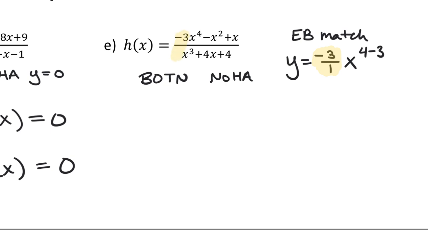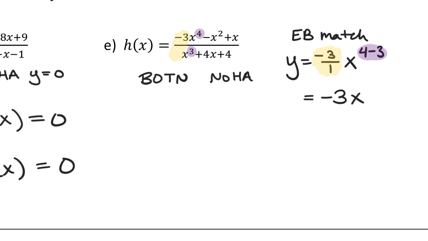The leading coefficient. You see how that's -3 and 1? Where did I get the 4 minus 3 from? I'm just subtracting the numerator degree minus the denominator degree. So if I actually do this quick little math problem, this is -3 times x to the first power.